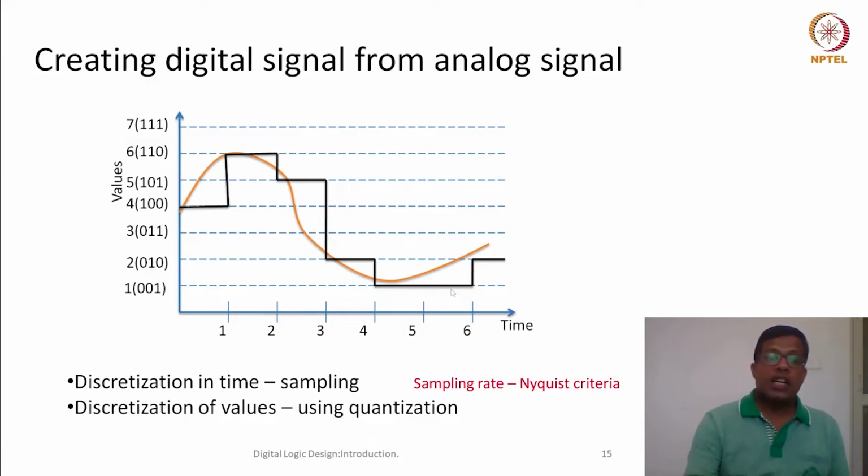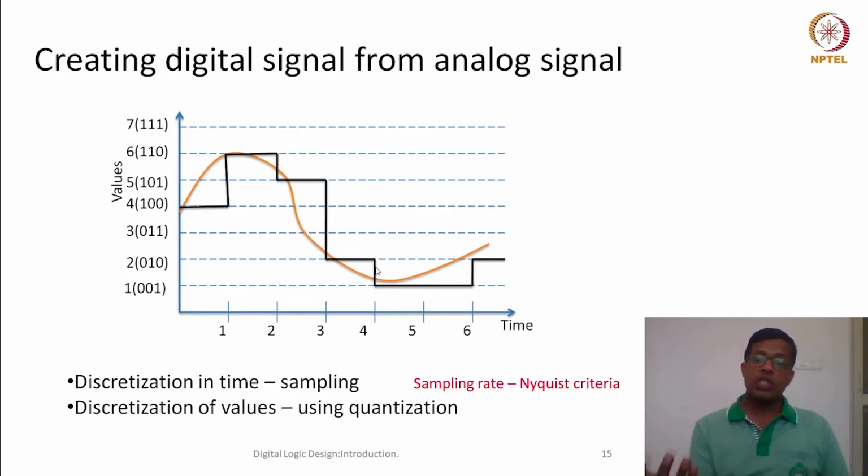Similarly, discretization of value can also give a lot of errors. So if we can increase the number of levels, here the number of levels was only 7, and we increase it from 7 to let's say 100 or 1000, then we would be able to capture each and every effect. If the sampling rate is good enough, we will not miss any particular event in this analog signal.